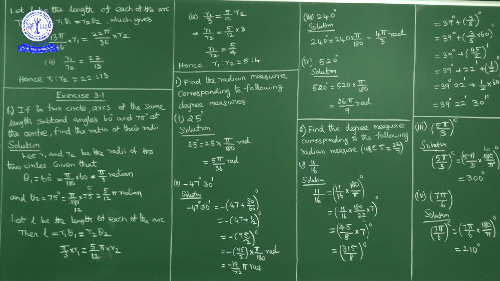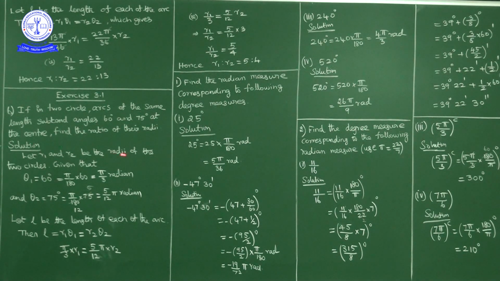Both are similar questions, only the difference is the angle. Here also, what is given? Two circles' arcs of same length, so L is same, theta 1 is 60 degrees, theta 2 is 75 degrees.